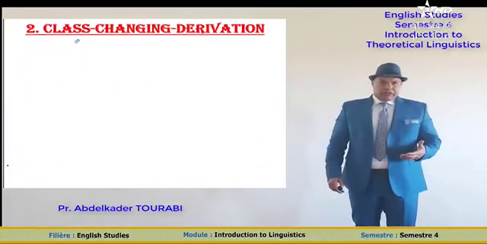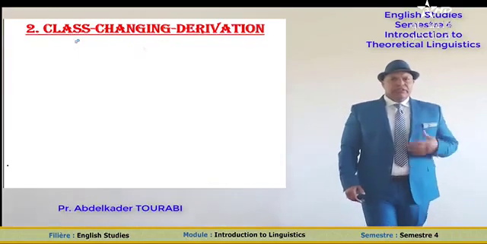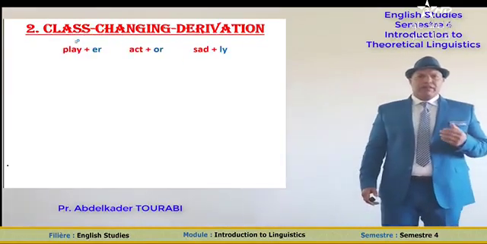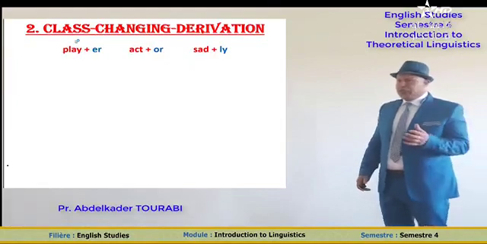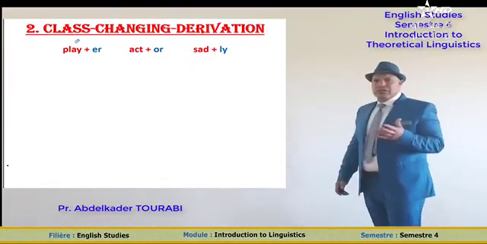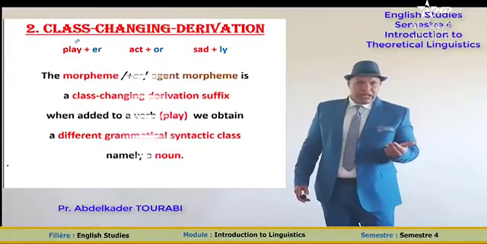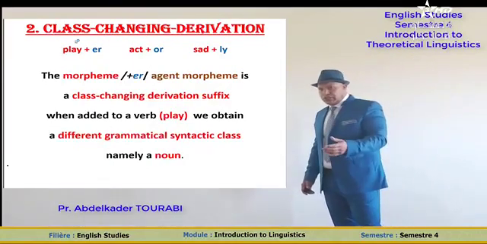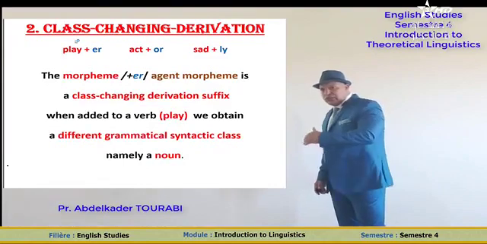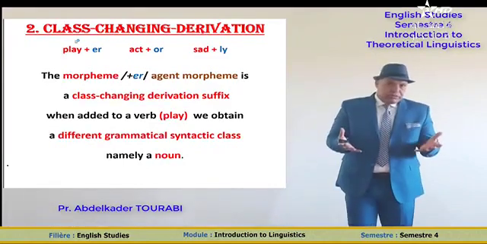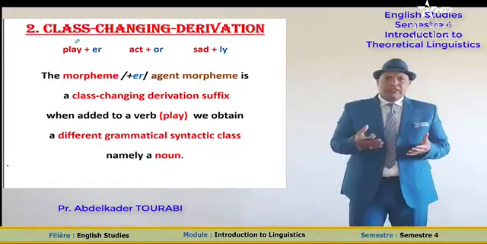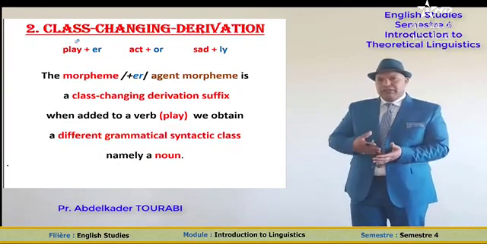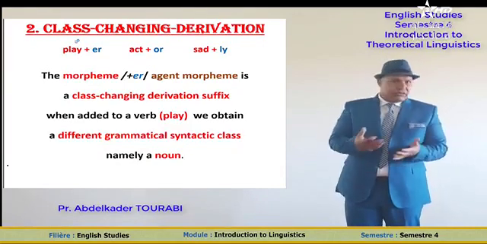Class changing derivation. If we take those examples, we have player, actor, and sadly. The morpheme ER, the agent morpheme, is a class changing derivational suffix. When added to the verb, for example the verb play, we obtain a different grammatical syntactic class, namely the noun.